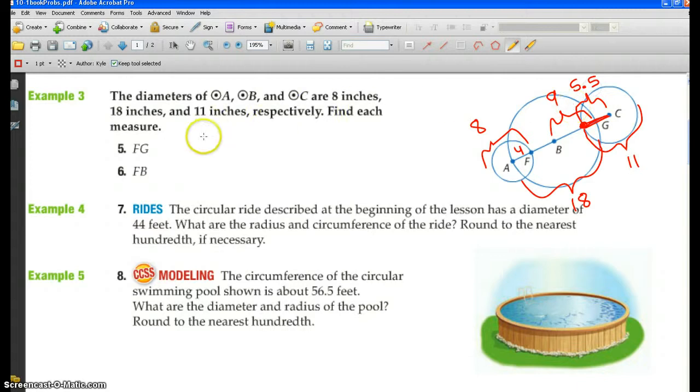Now let's see what we're asked for here. We want to find FG. So we want to find the length from here to there. Well, what do we know? We know that FG is equal to AG minus AF.